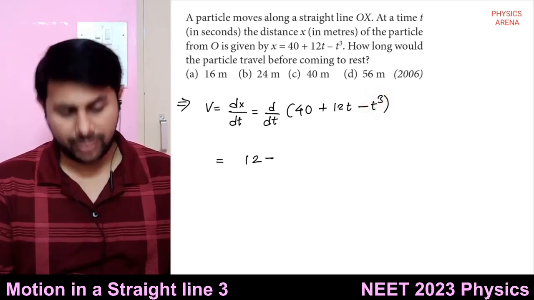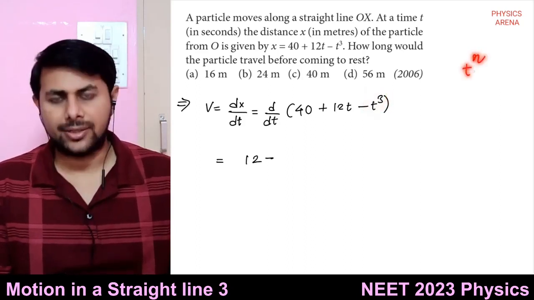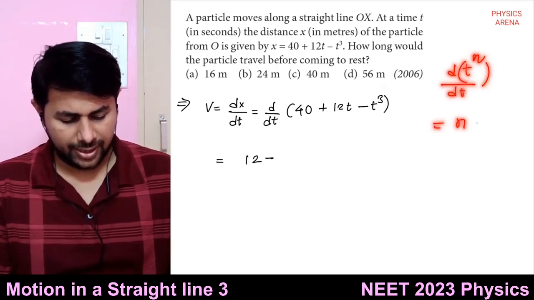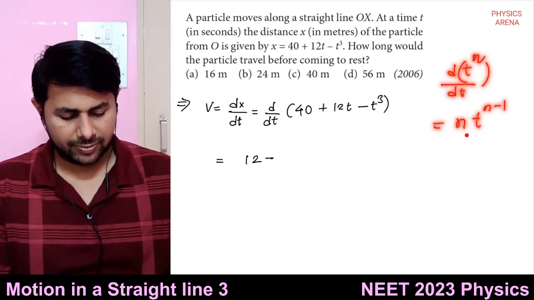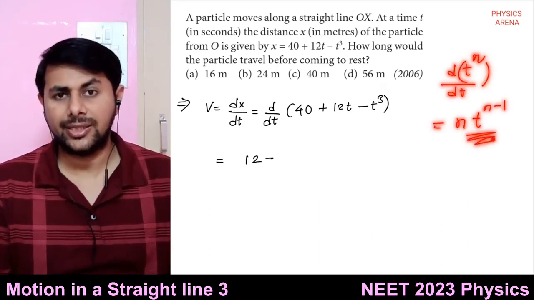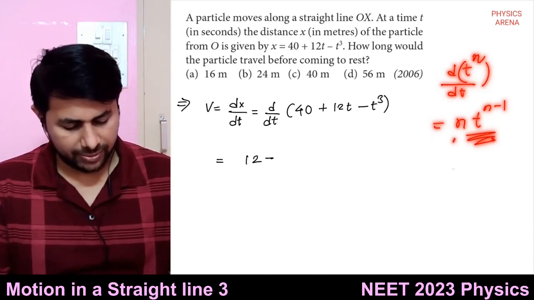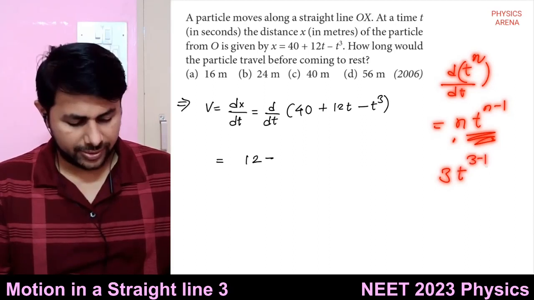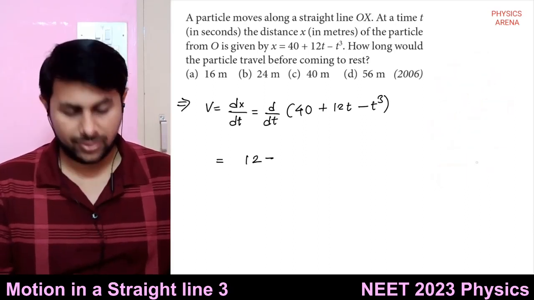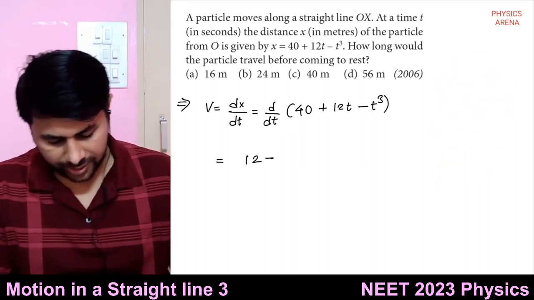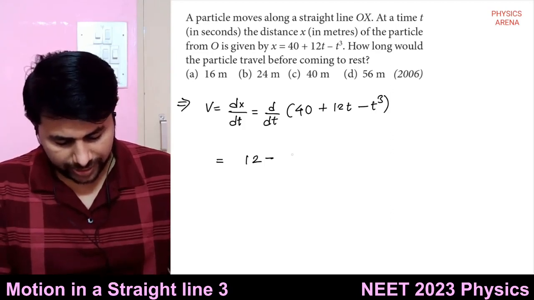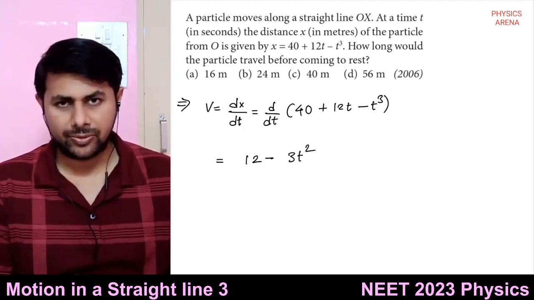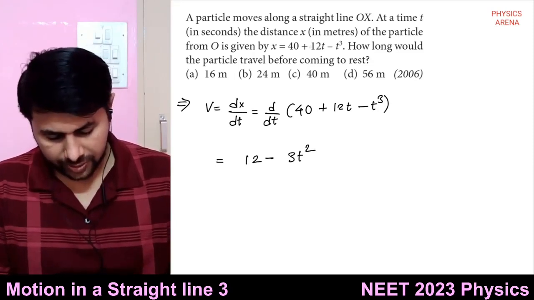So we have this formula: t raised to n, its derivative with respect to t is equal to n t raised to n minus 1. So here n is equal to 3. So substitute n equals 3. We have 3 multiplied by t raised to 3 minus 1, and 3 minus 1 is 2. Okay, so 3t square. So 12 minus 3t square, and this velocity is equal to 0.